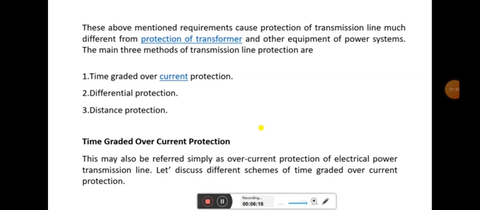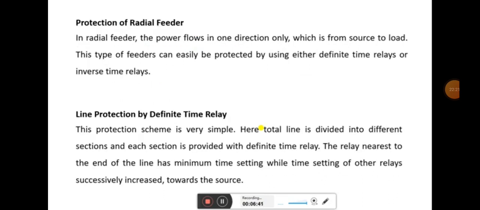Now time graded overcurrent protection may also be referred to simply as overcurrent protection of an electrical power transmission line. Let us discuss the different schemes of time graded overcurrent protection.